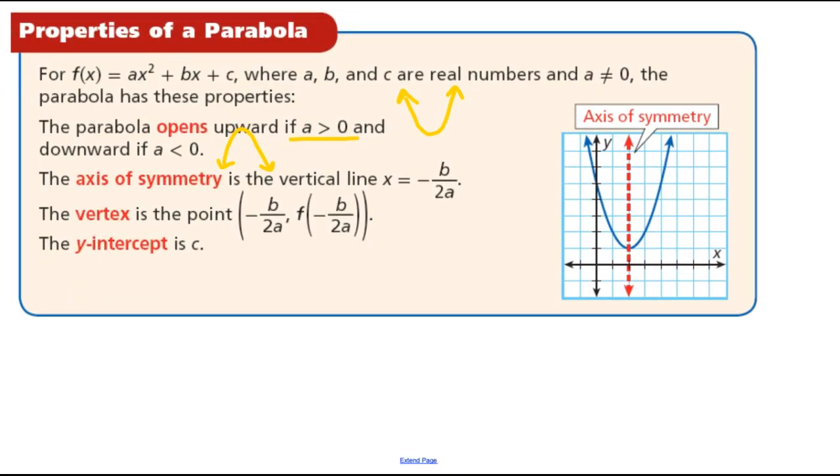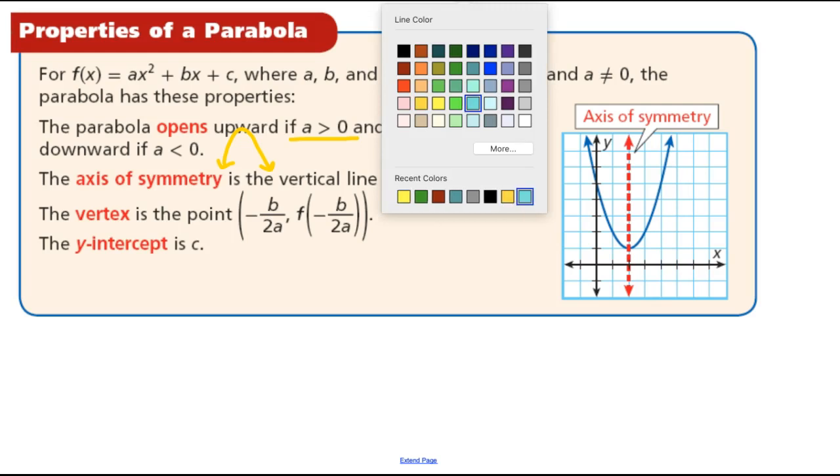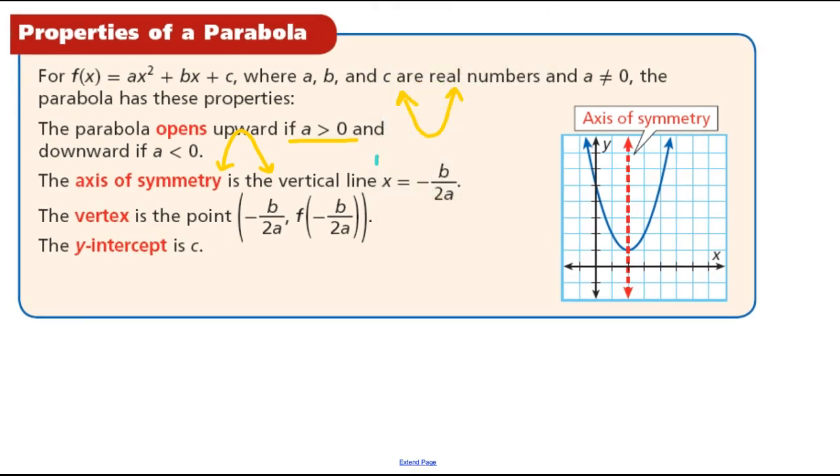But the axis of symmetry is a vertical line that goes through the vertex, and if it's in standard form, it's always the opposite of b over 2a, which might ring some bells for some of you that have had some experience with the quadratic formula, right? The old x equals negative b plus or minus the square root of b squared minus 4ac all over 2a, that whole thing. So that is connected to that, and we'll see that later in the chapter.